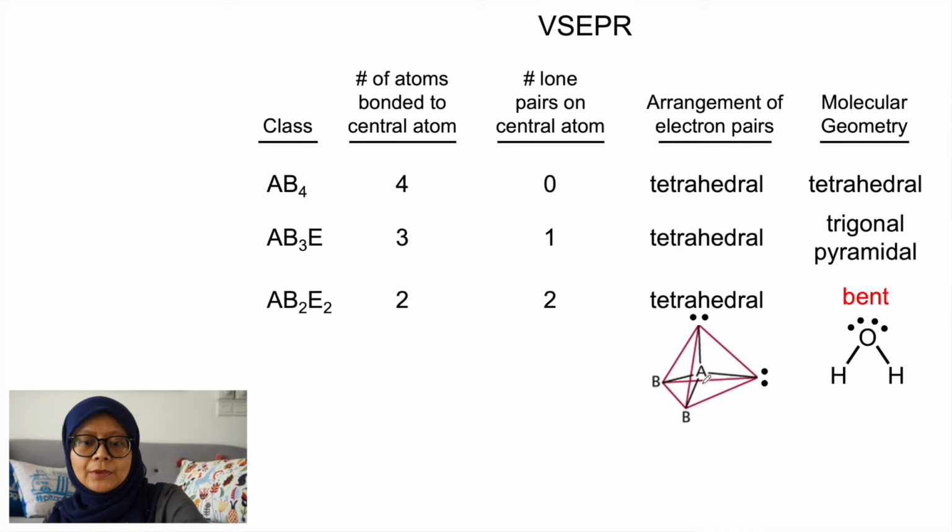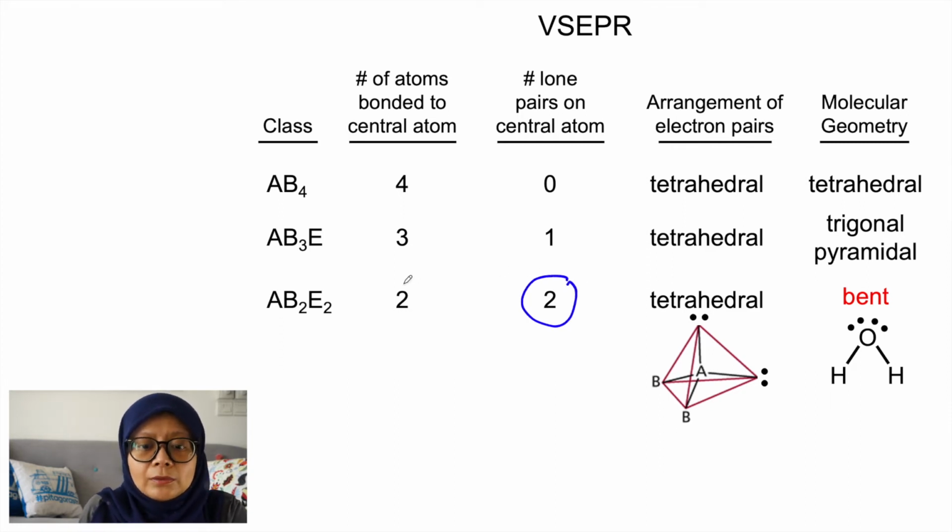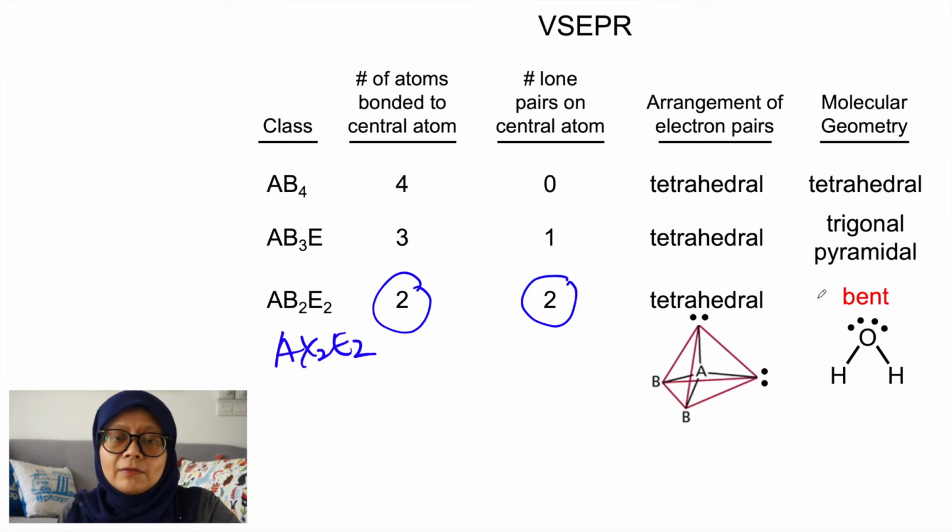And then if we have two lone pairs on the central atom and two atoms bonded to the central atom, AB2E2 or AX2E2, it will give us the molecular geometry of bent. For example, H2O, where we have two lone pairs and two surrounding atoms.